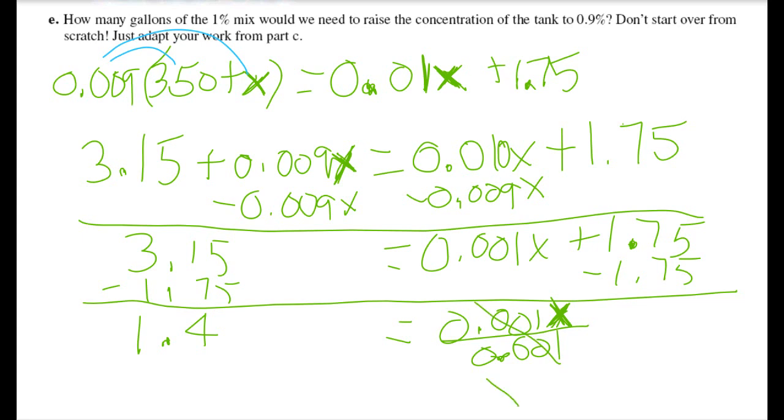These cancel out, I just have x. When I divide this by 0.001, you can do it on a calculator to check, but that's really like multiplying by 1,000. So I need to add 1,400 gallons of the 1% mix to get a concentration of 0.9%.